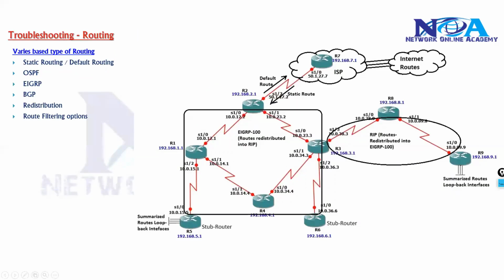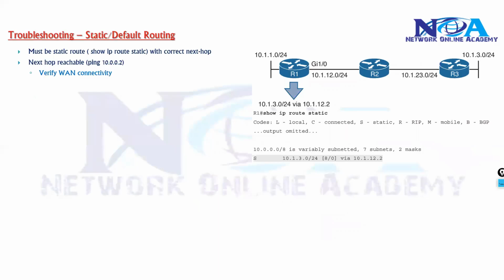Whenever we start troubleshooting static routing, there are basic things we need to know. We need to know how to configure the static routes, and we need to make sure we do have a static route configured.